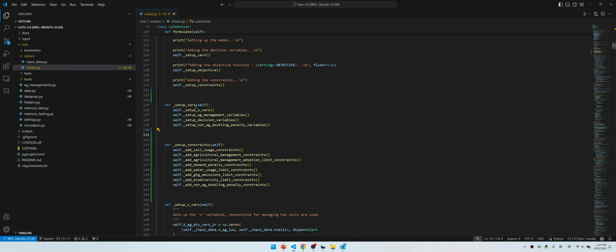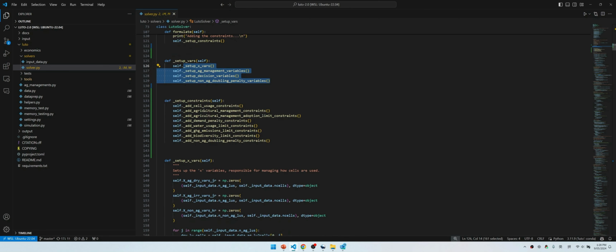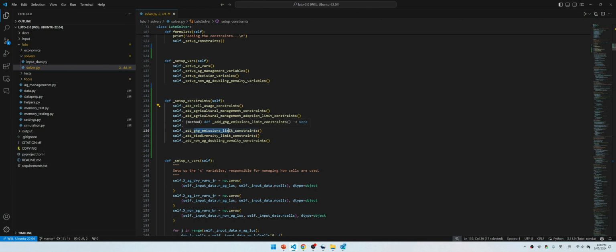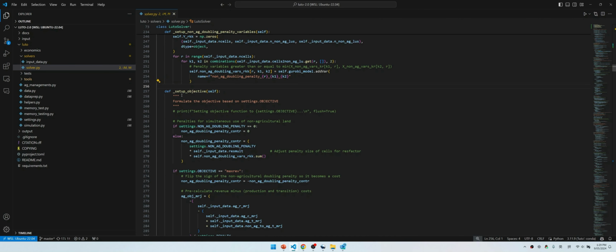Next, in this setup variable wrapper function, we can see Luto Solver is reading all data into the empty space it just created. Here, in the setup constraint function, it is adding the constraints to the empty space. For example, it is adding cell usage constraints, the greenhouse gas emission limit, biodiversity limit, etc. Following up is this set objective function.